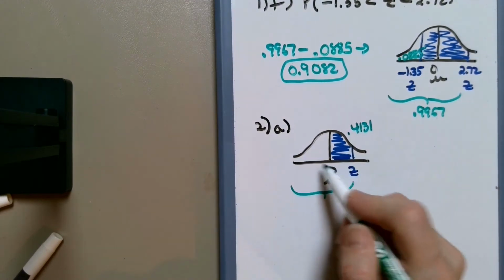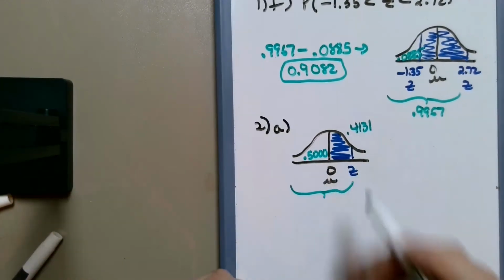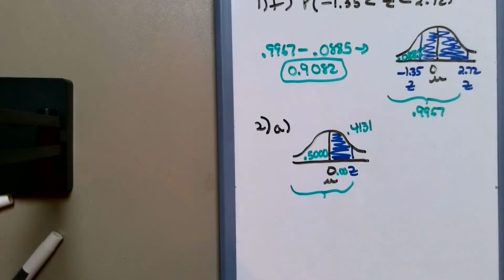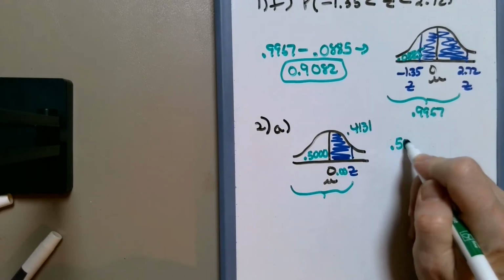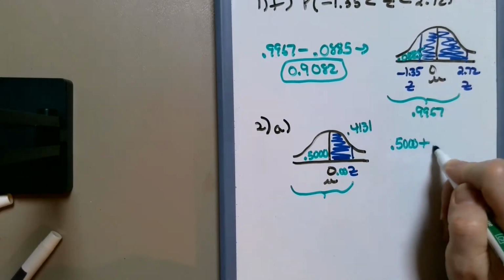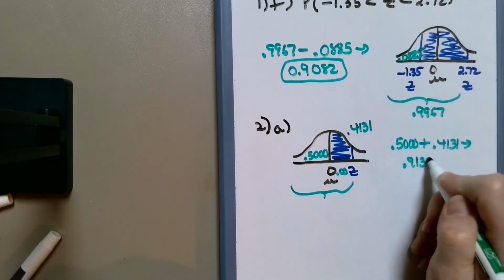So you might remember that the left side is 50% or 0.5. You can also look up a z-score of 0.00 as we did earlier, and that's going to give you the area to the left of 0.5000. So the total area to the left of z is 0.5000 plus 0.4131, which gives you 0.9131.